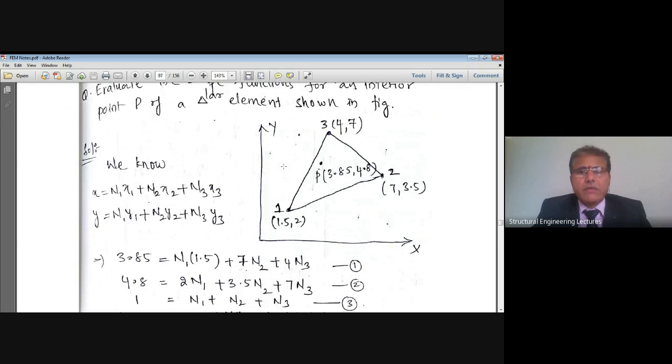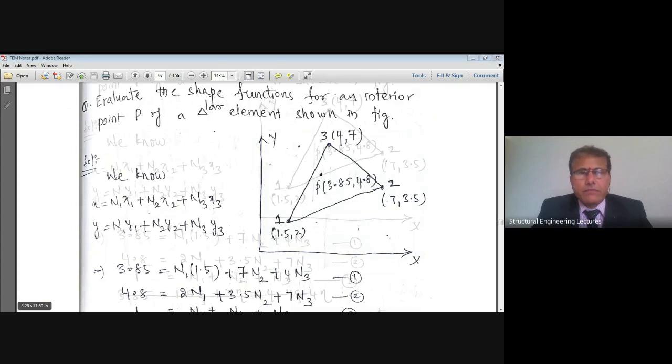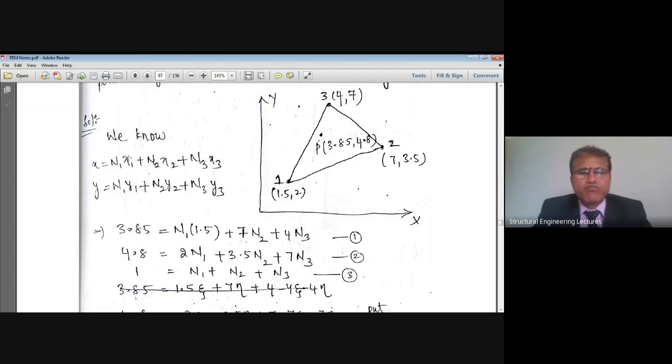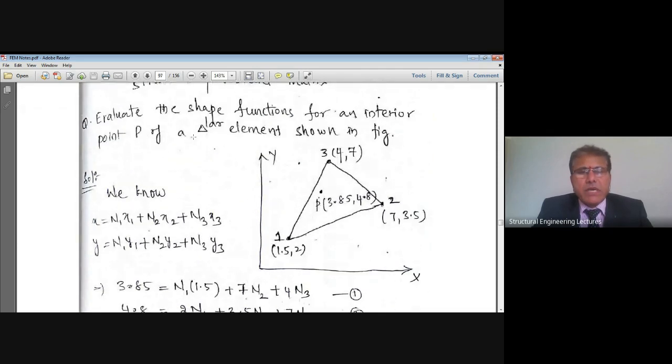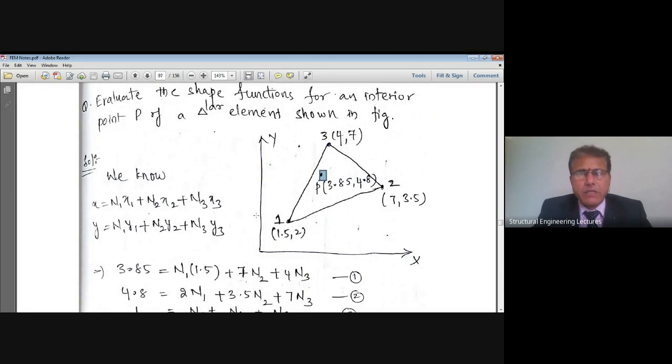Let us say all these dimensions are in mm, or centimeters, or feet, in consistent units as appropriate. The nodes 1, 2, 3 have geometric coordinates (1.5, 2), (7, 3.5), and (4, 7) respectively. What is asked is to evaluate the shape functions for this interior point P having these Cartesian coordinates.